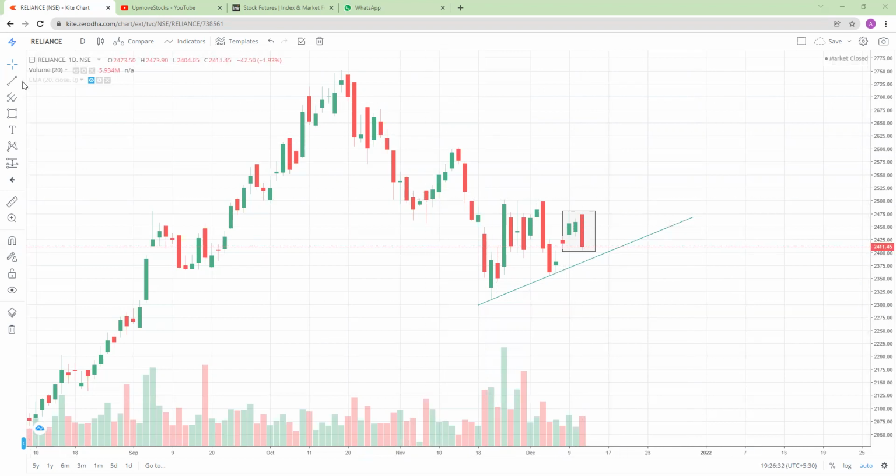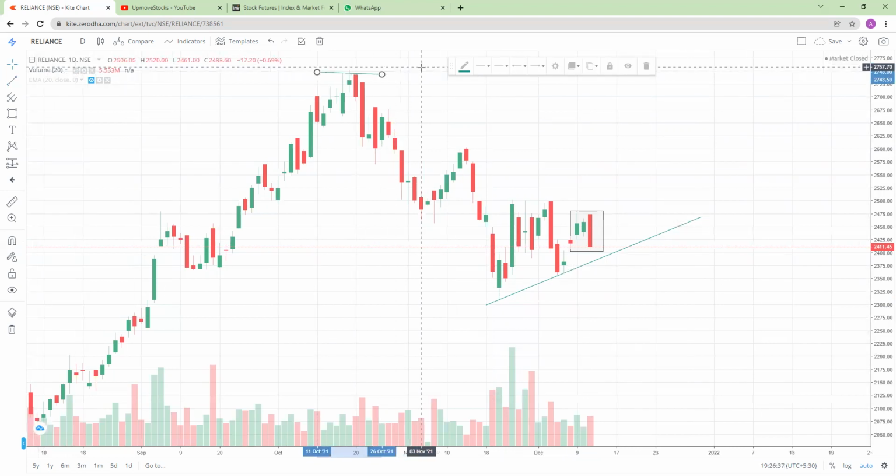People who have purchased it somewhere here are really worried about what is going to happen to Reliance, and we are already in loss by 300 rupees. What should we do? What can be done? We are stuck in Reliance. Nothing can be done, first of all, because it is down by 300 points.